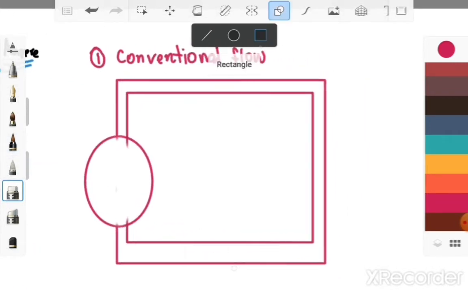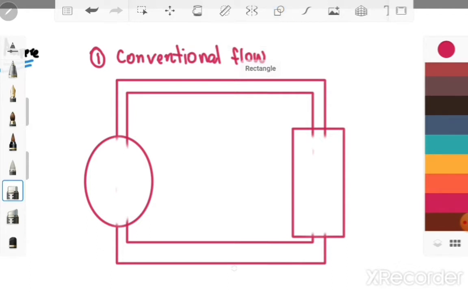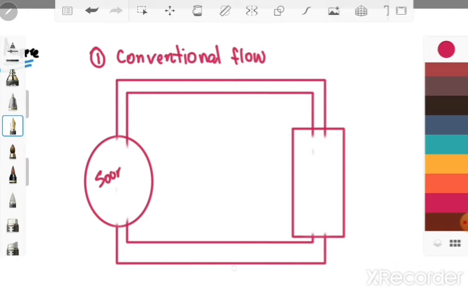The examples of your load are the things that you are connecting to the circuit. See, this would be a resistor. Let's say this will be your load and this will be your source.